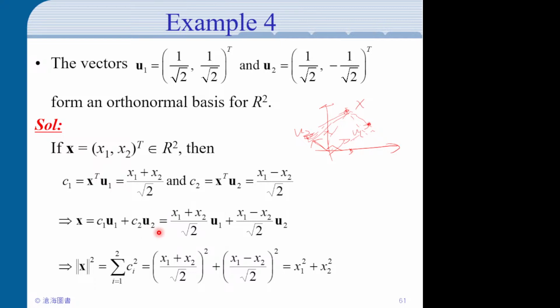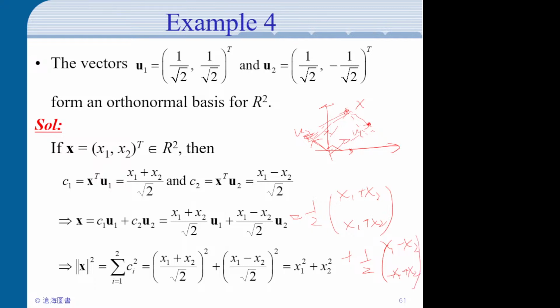And you can calculate this back. If we transform this back to the standard basis, this is 1 over 2 times x1 plus x2, x1 plus x2, plus 1 over 2 times x1 minus x2, and minus x1 plus x2.